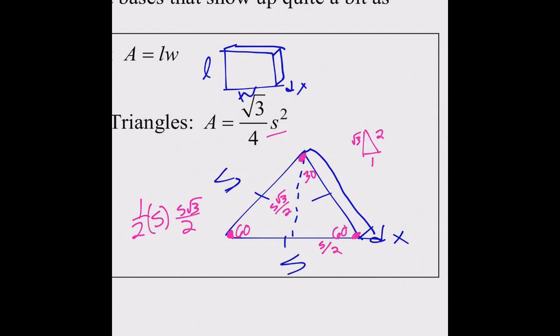If you do the 2 times 2, you get 4, and there's your radical 3. Isn't that crazy? So this is a shortcut formula. I can't remember those. So that's why I built each one of these for you, because when you want to get the area, I can't remember. I just have to remember how to build an equilateral triangle. It has a 30, 60, 90 triangle in it if you split it in half. And yeah, I don't do formulas well.